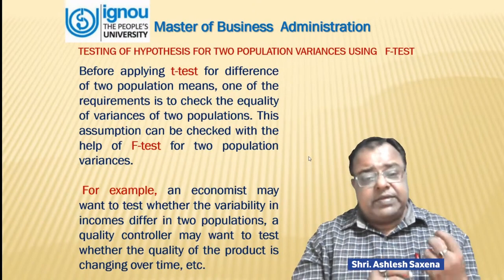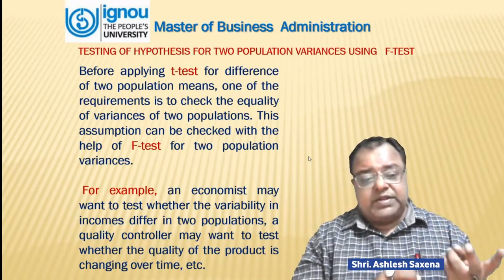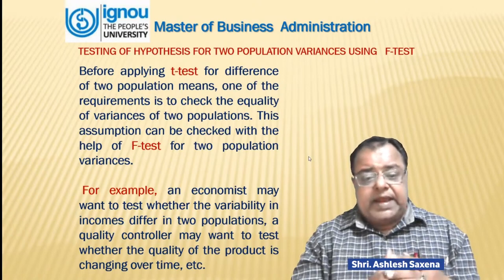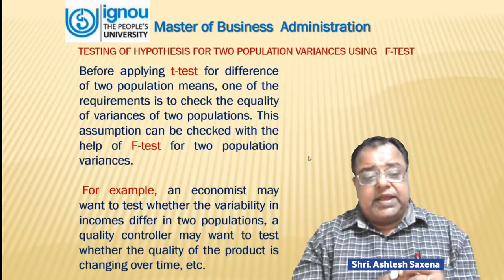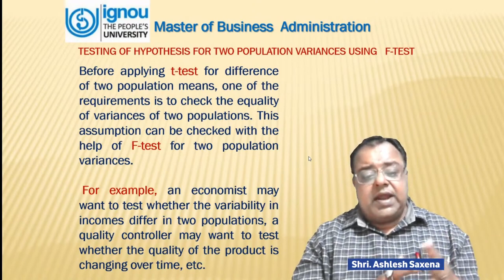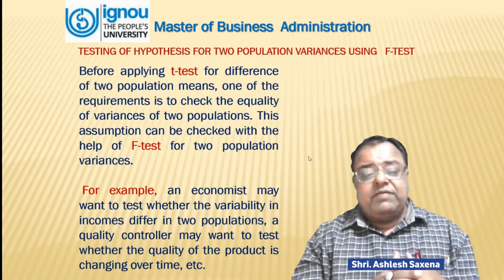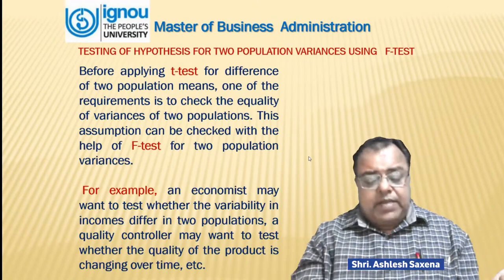This assumption can be checked with the help of F-test for two population variances. For example, an economist may want to test whether the variability in income differs in two populations. A quality controller may want to test whether the quality of the product is changing over time, etc.